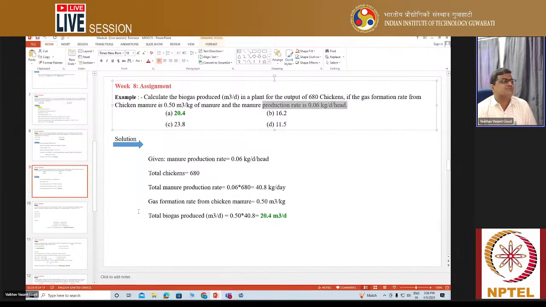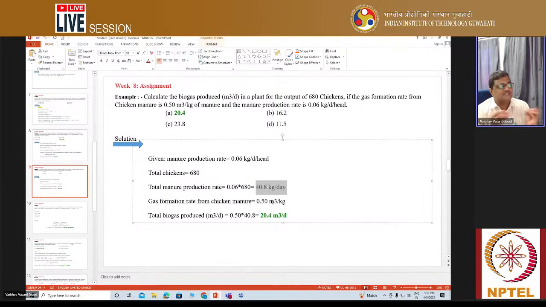So this is again very simple, because we know the total numbers which are available. The production rate, you just simply multiply it. You will get the total manure production, which comes out to be around this much. And the gas formation we know is 0.5 meter cube per kg. So you have to simply multiply these two terms to get the total biogas which is produced from this particular source, which is around 20.4. So this is again a very simple example.